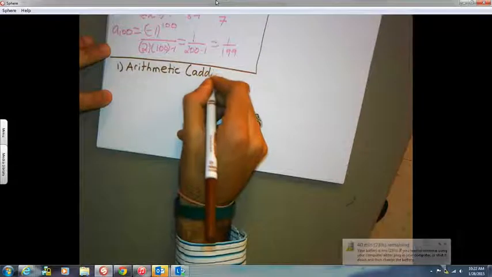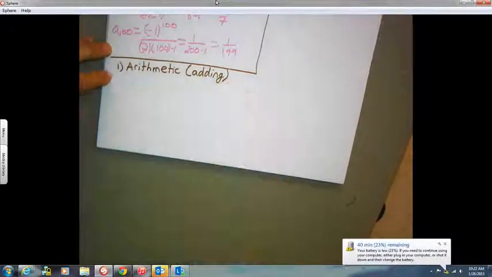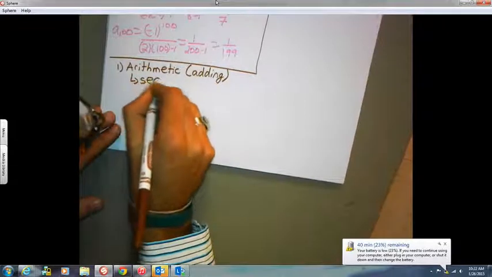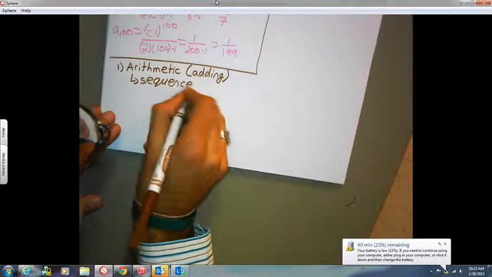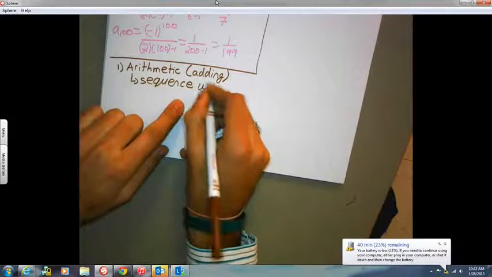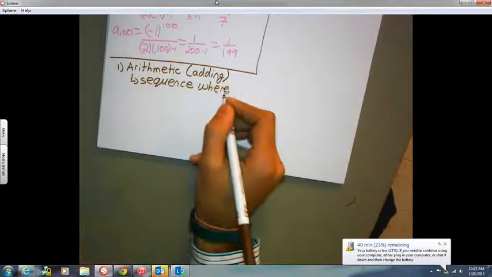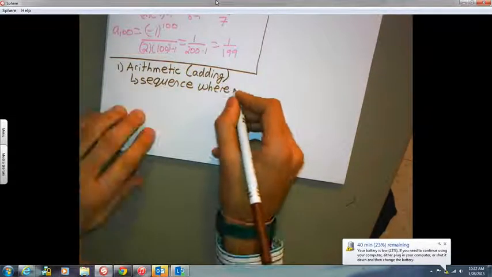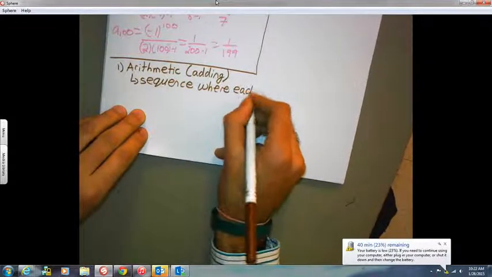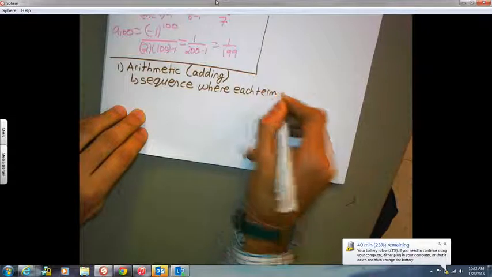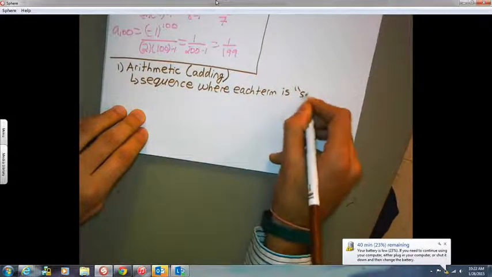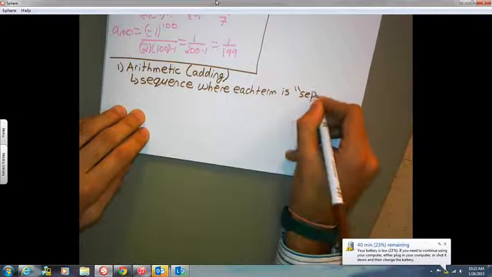So an arithmetic sequence is a sequence where each term is, I'll use the word separated in quotes, by a common difference.